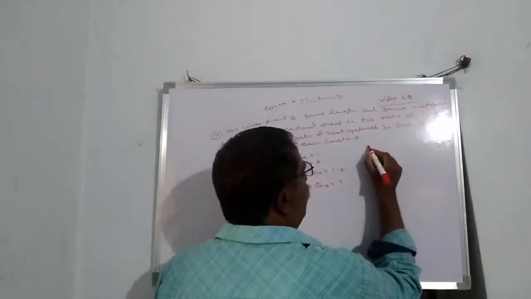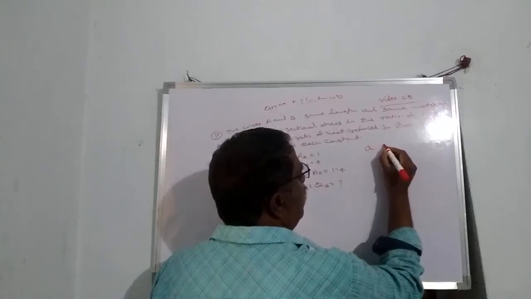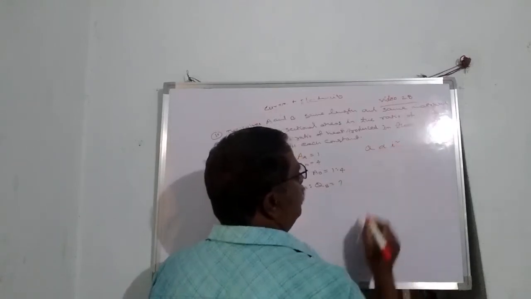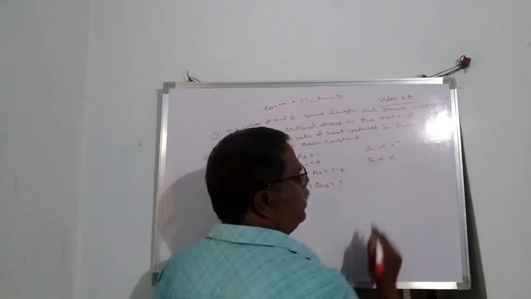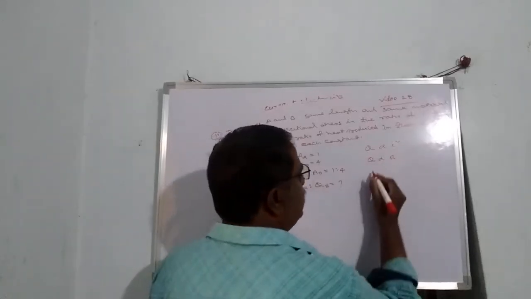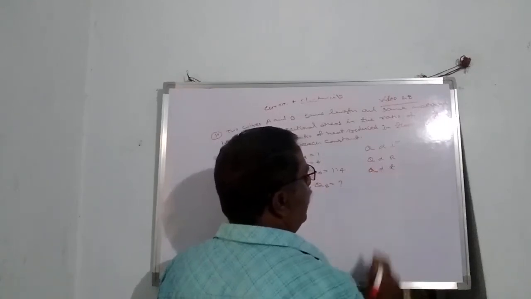From Joule's law, Q is directly proportional to I square, and also Q is directly proportional to R, the resistance, and Q is directly proportional to T, the time of current flow.